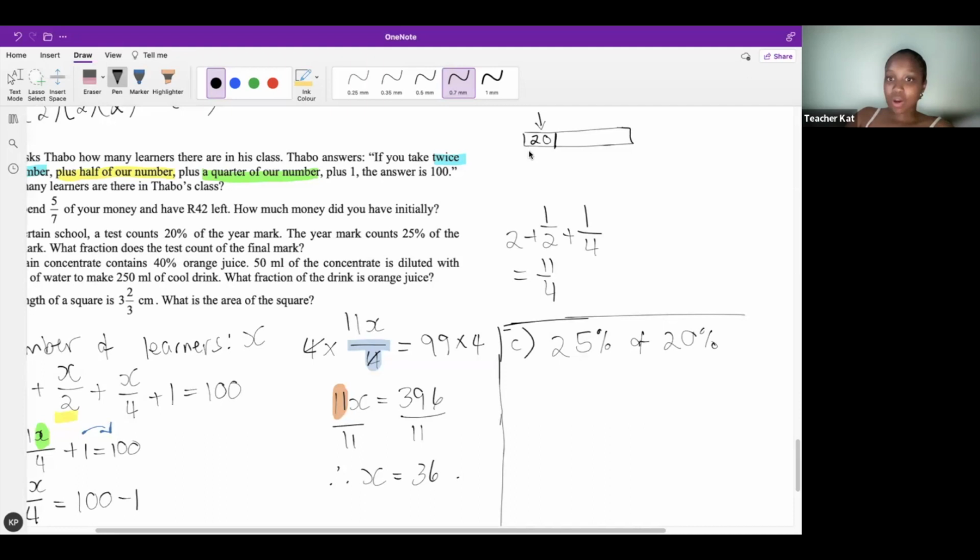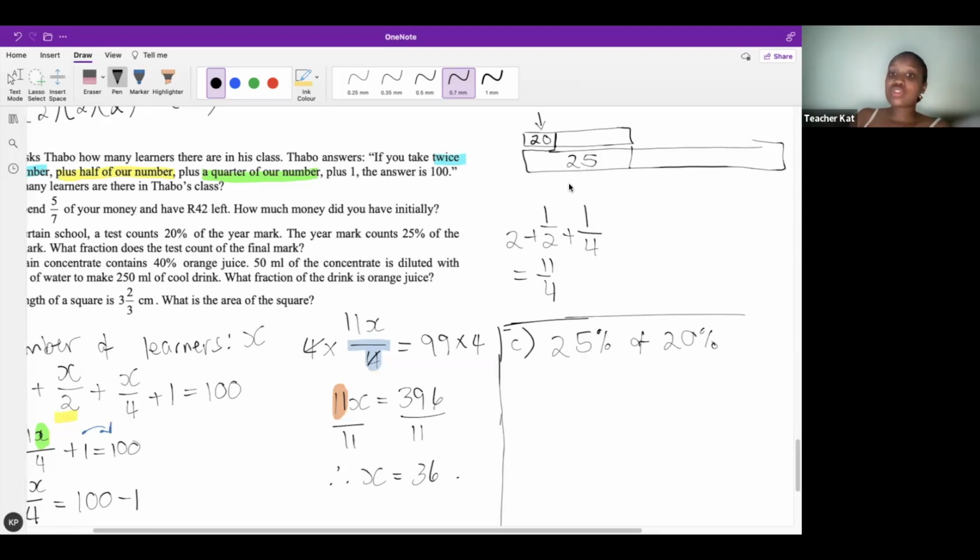But this year mark for the whole year is only 25%. So there's a whole 75% that's there. This whole year mark is just the 25%. So you have to times these together to get the final percentage that it counts.